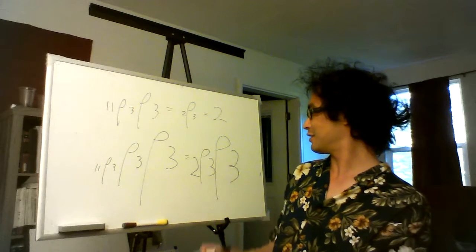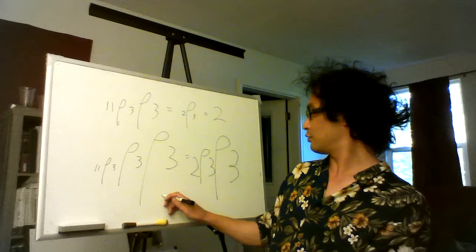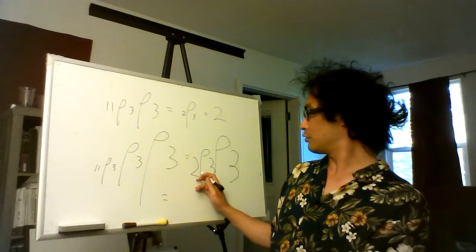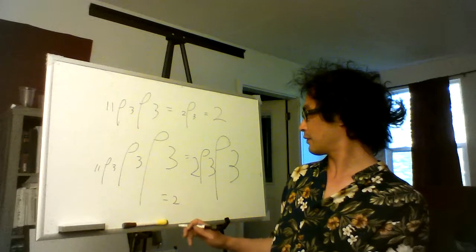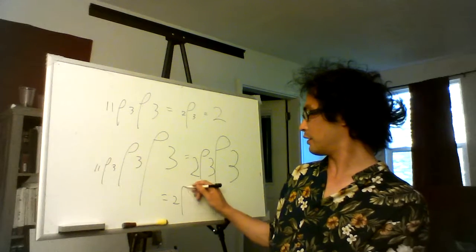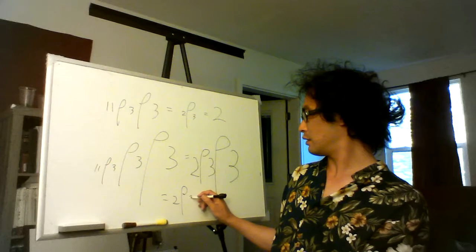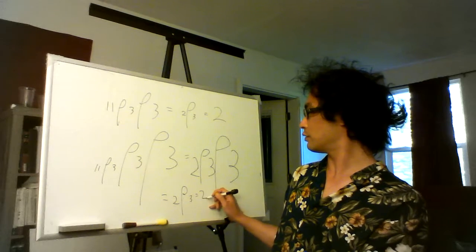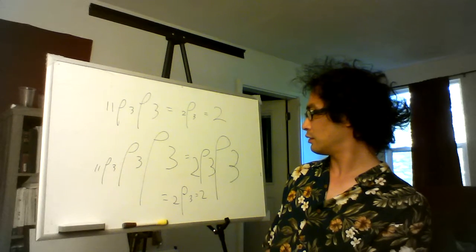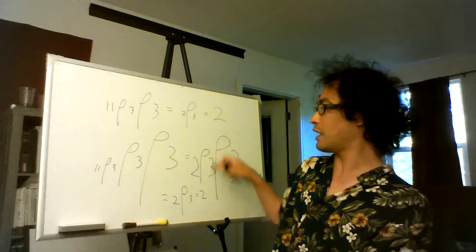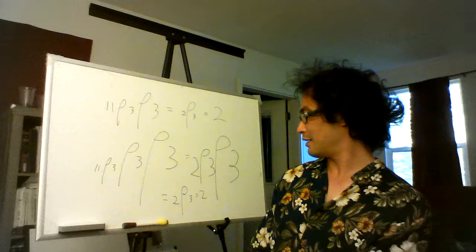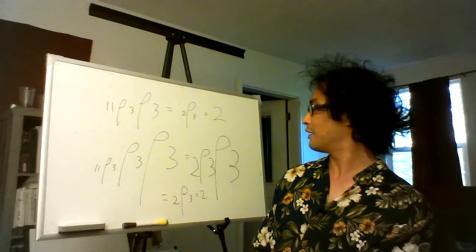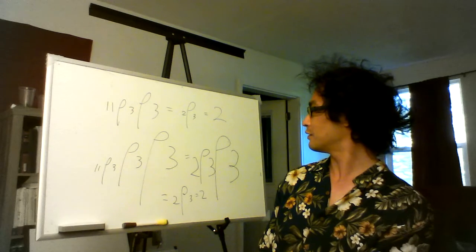What's that? It's equal to 2 divided by 3, what's the remainder? It's 2. So 2 rho 3 is 2. They're the same. So what's the difference?